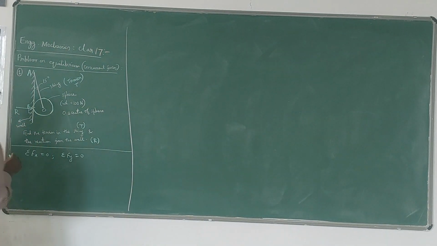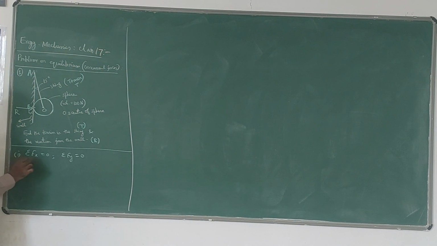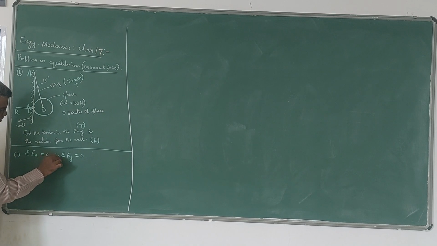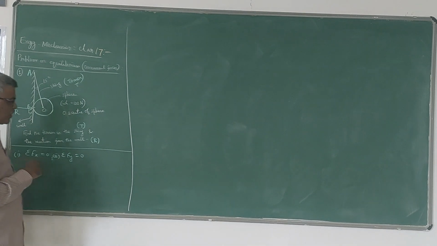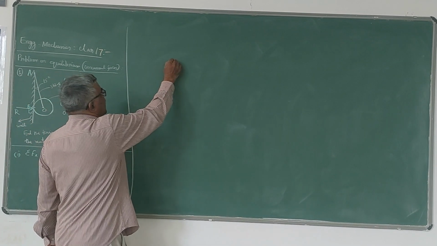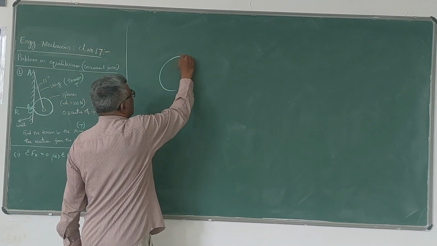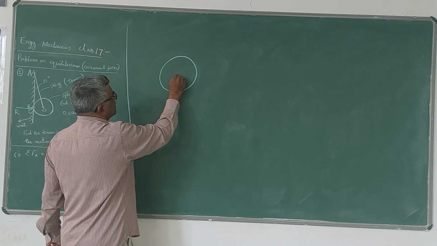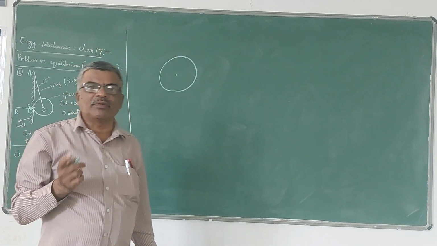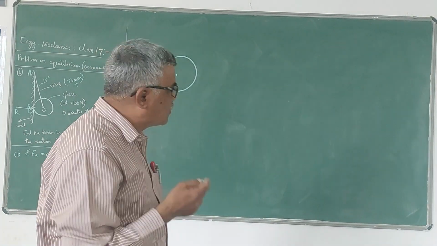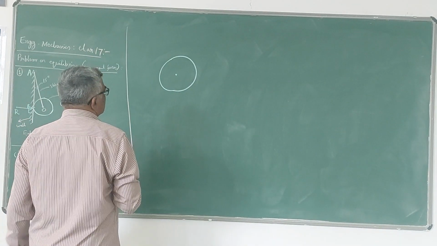So the first thing is we have to use these two equilibrium equations because all the forces are meeting at this point O. So if you write the free body diagram of the sphere, so free body diagram is a diagram which is written by removing all the contact surfaces and replacing them by the respective reactions, including the weight.